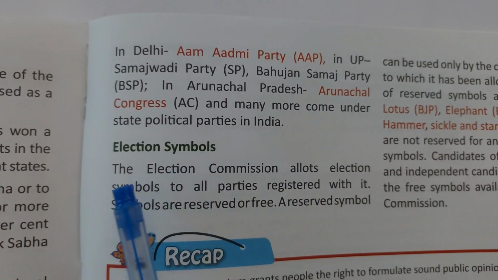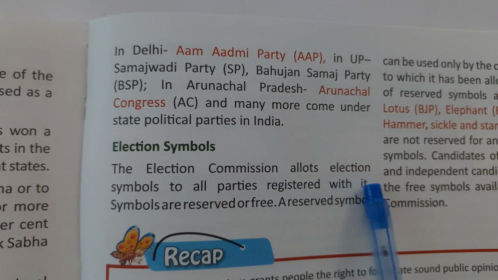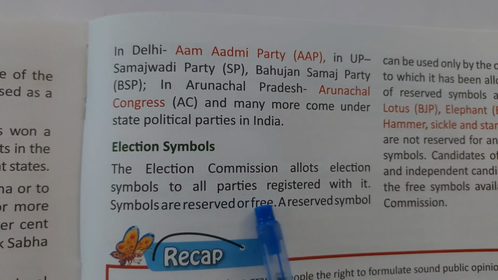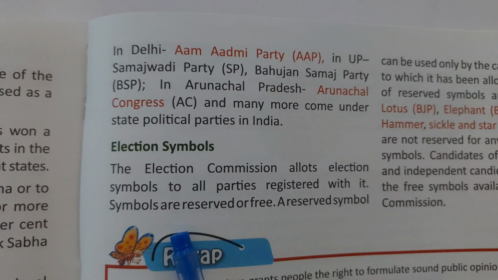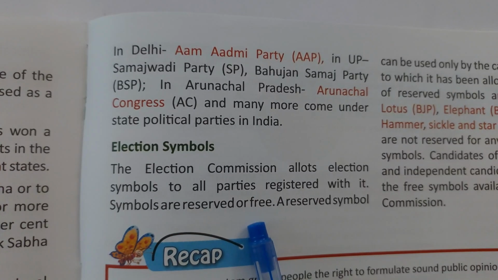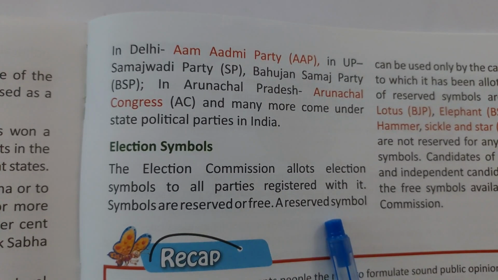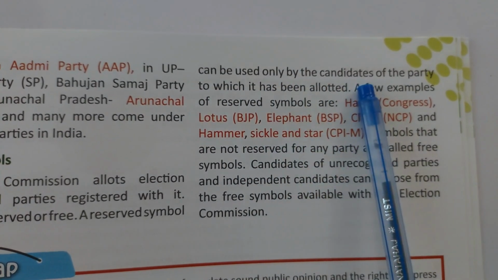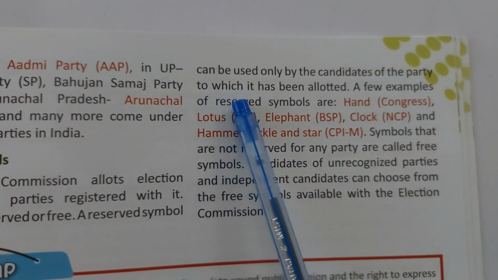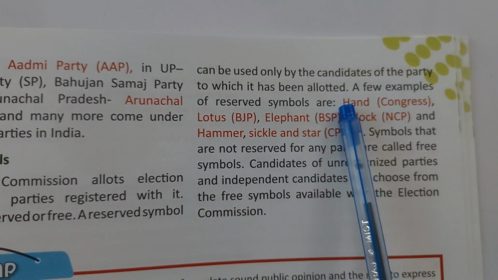Election symbols. The Election Commission allots election symbols to all parties registered with it. Symbols are reserved or free. A reserved symbol can be used only by the candidates of the party to which it has been allotted.